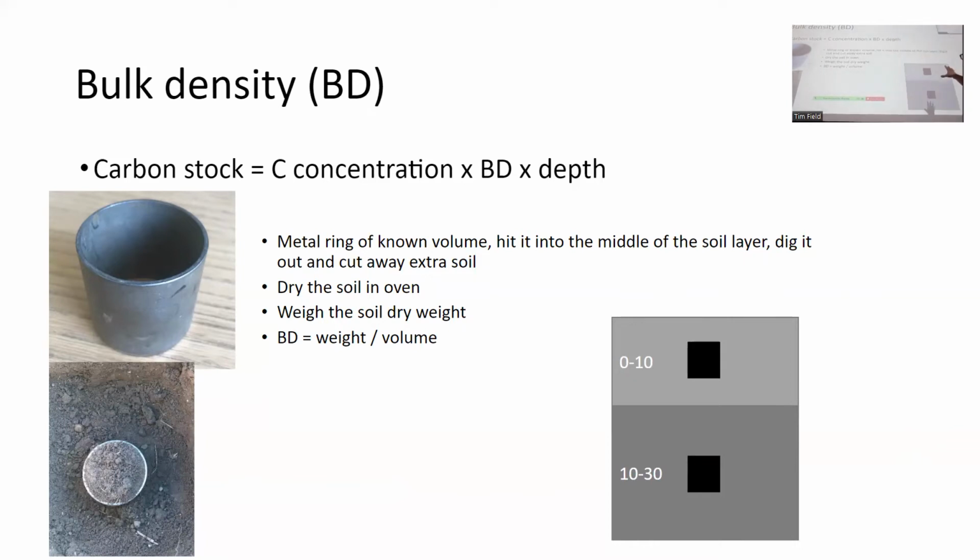In our case, for the two layers, we placed our ring in the center of that layer, and therefore hope to get the average bulk density for that layer. John again shows a little bit of data with soil moisture, and it indicates that it actually did work quite well with bulk density measurements.